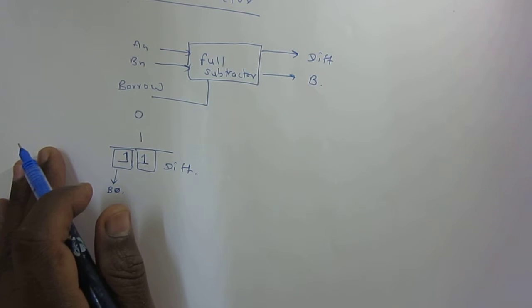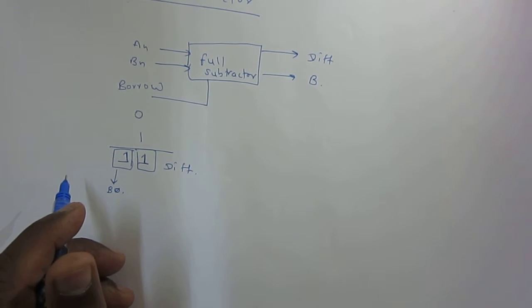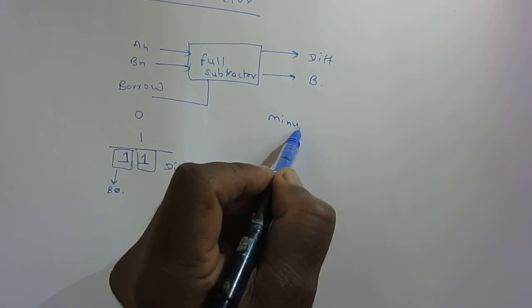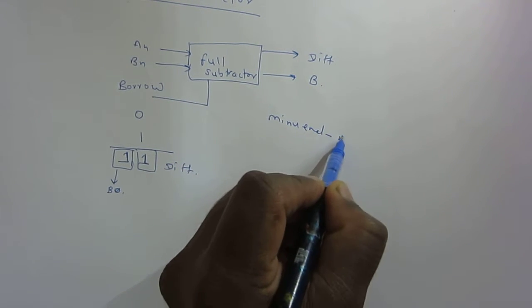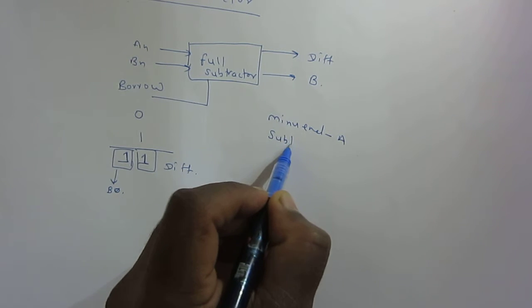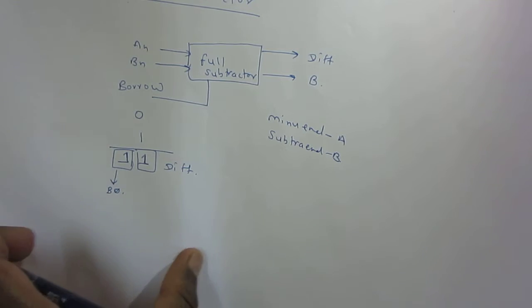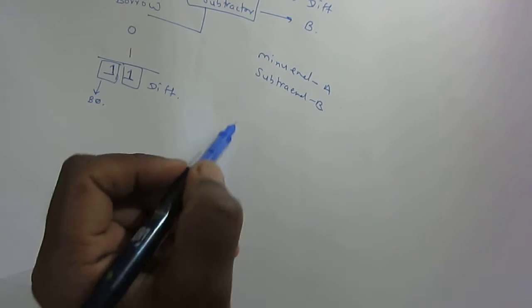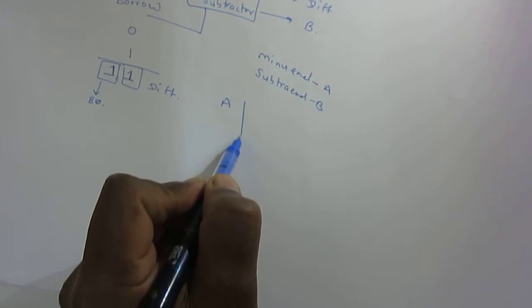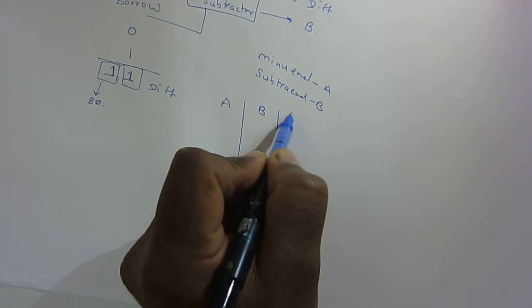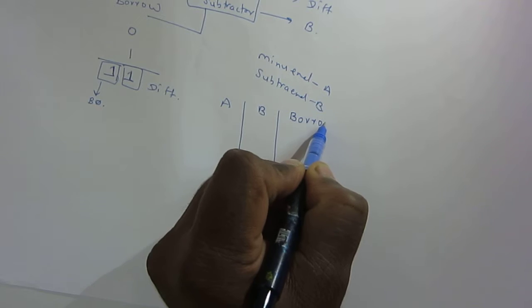Now if we take one example of the full subtractor, which has one input as the minuend, say A, and the other as the subtrahend, B. If we look at the truth table, there will be A as one input, B as the other input, and along with that there will be the borrow.